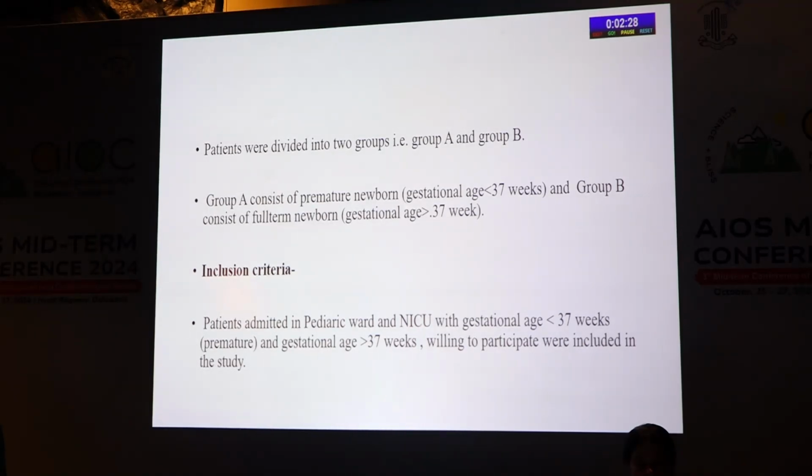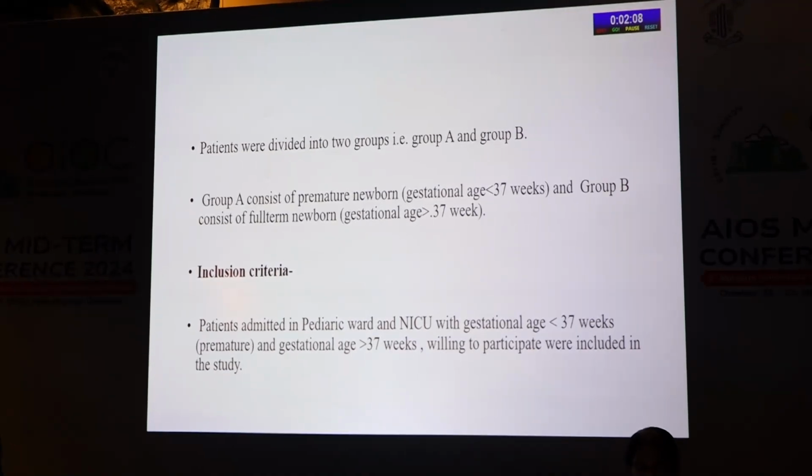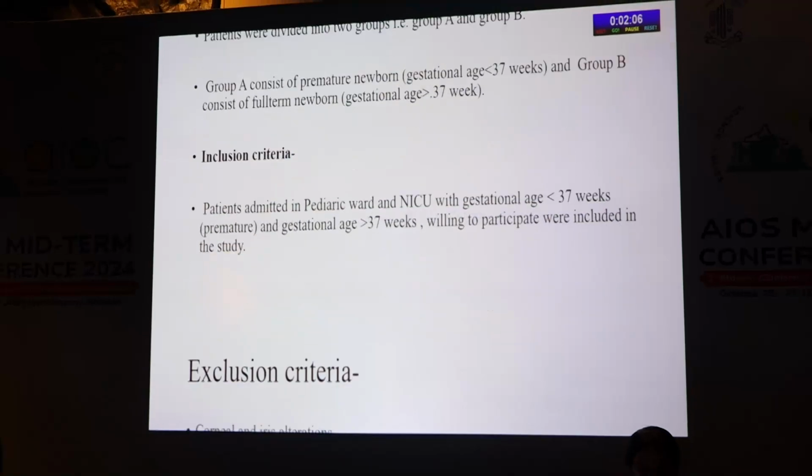Inclusion criteria include patients admitted in the pediatric ward and NICU with gestational age less than 37 weeks for premature infants, and for term infants gestational age equal to or more than 37 weeks, and patient attendants who are interested in participating in the study.